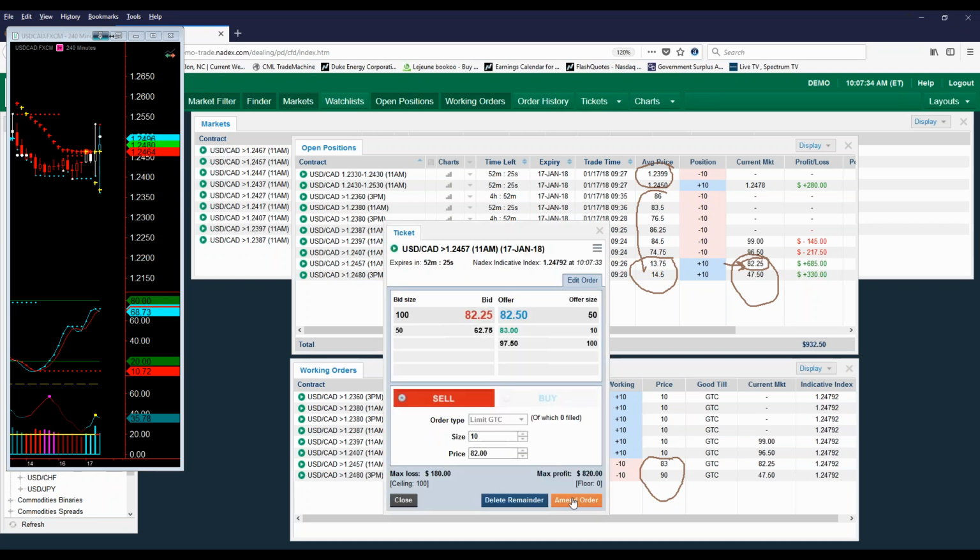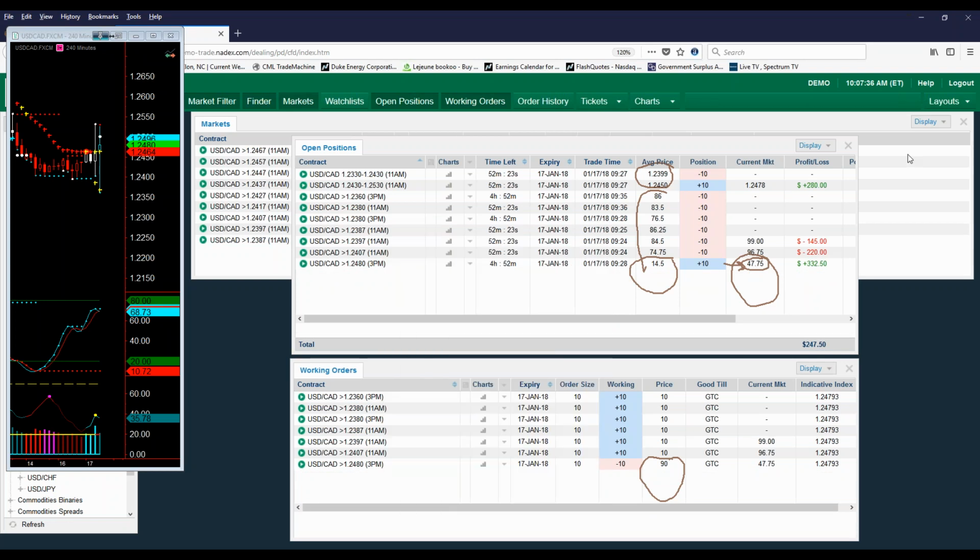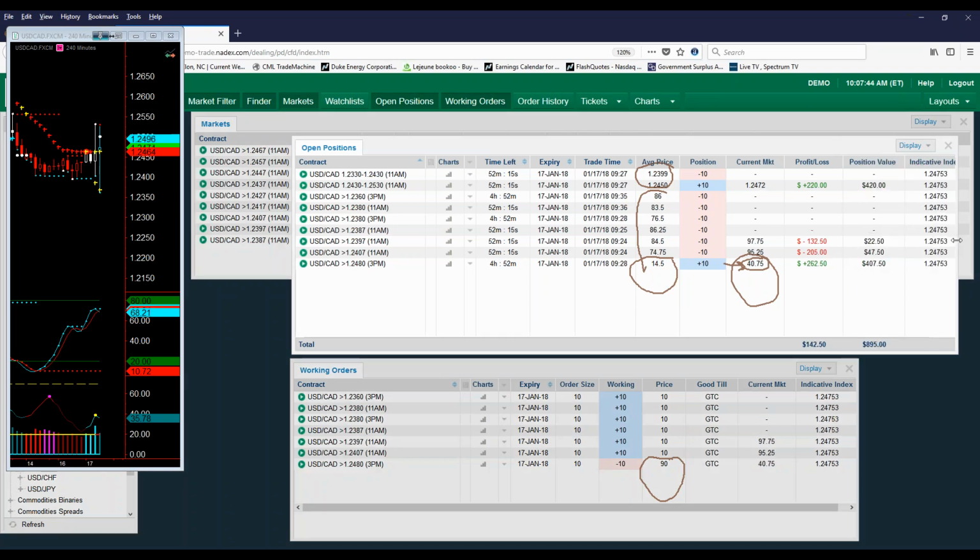Okay, for some reason it's liking 82. So we're going to change it to 82 and then we get filled. Do y'all see that? Now this one, we're 4 pips away from this strike. Do y'all see that?